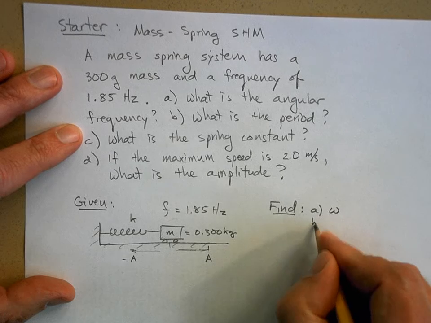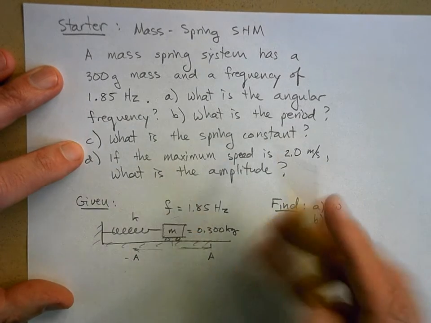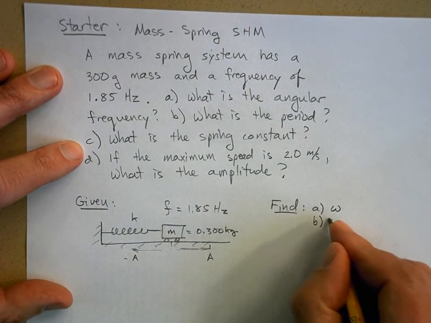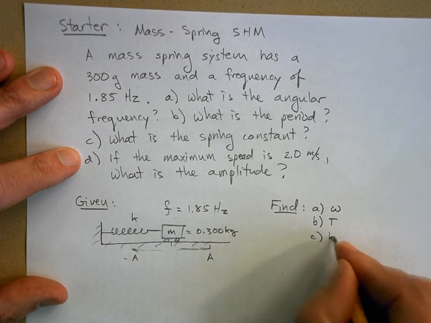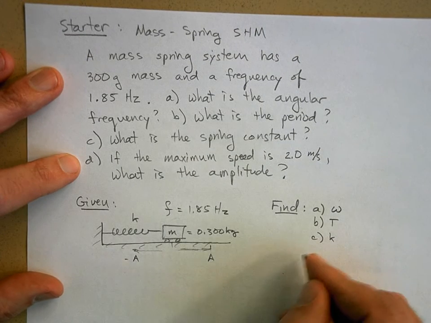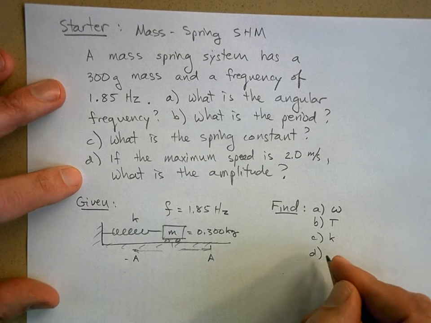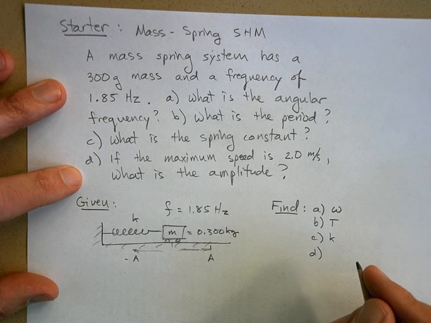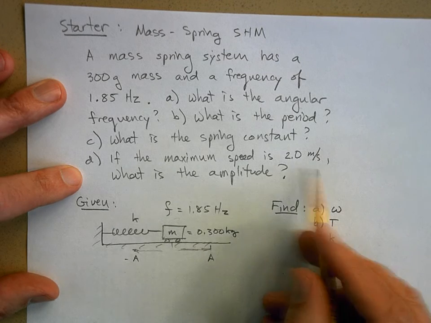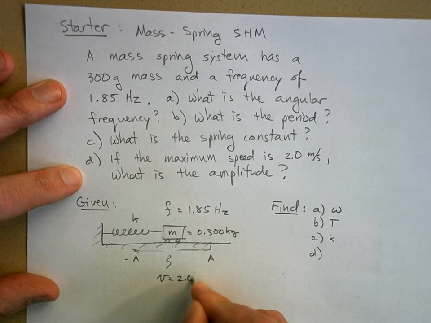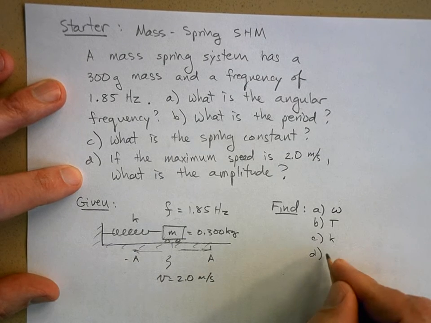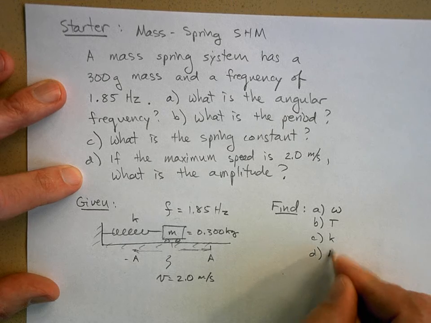That's omega. And then B, what is the period? And then C, what is the spring constant? That's lowercase k. And then D, if the maximum speed is 2 meters per second, so that's V equals 2.0 meters per second, find the amplitude.